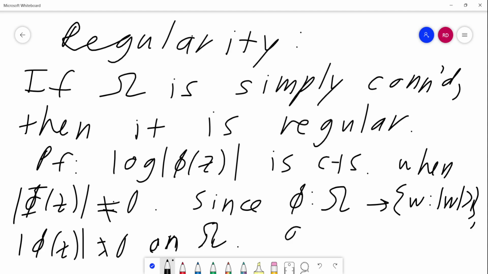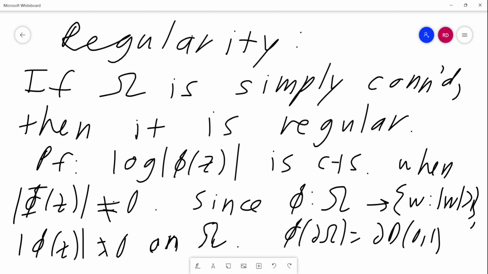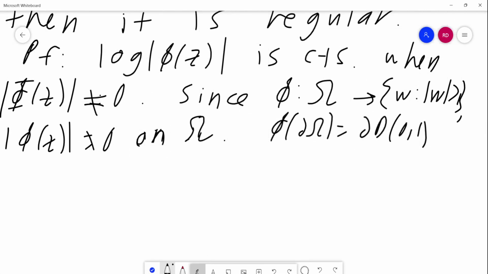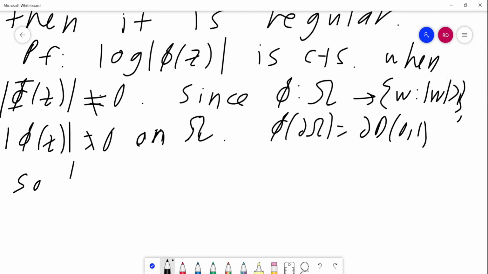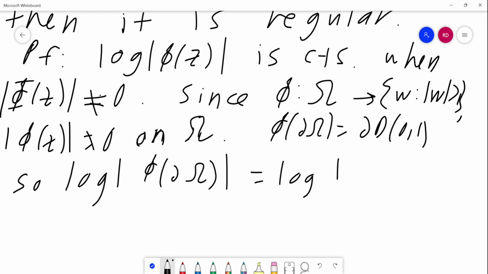And we know phi of the boundary of omega will be the boundary of D(0,1). So log of absolute value of phi of the boundary of omega is just log of 1, or 0.